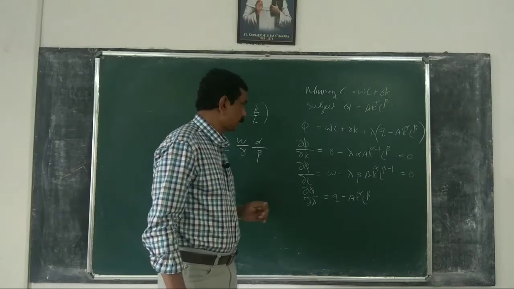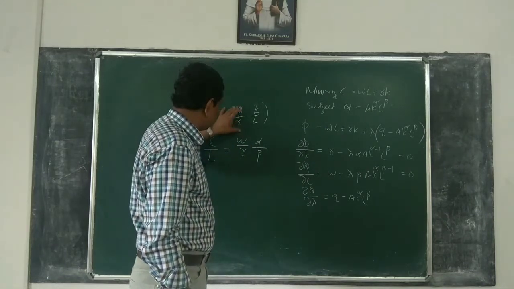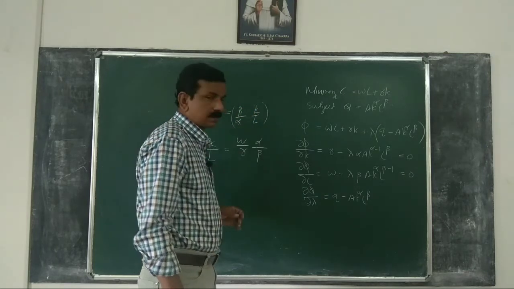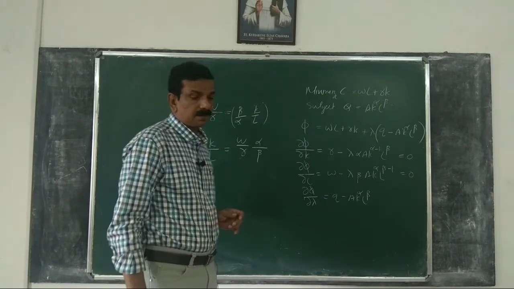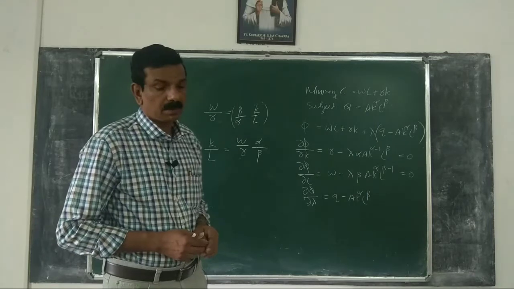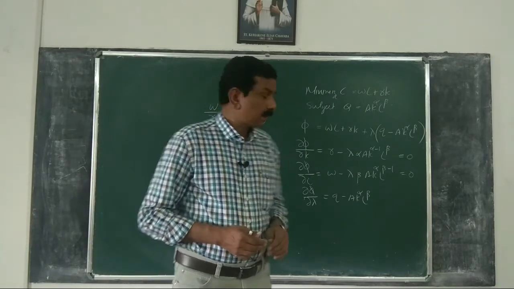And we know that beta by alpha into K by L is the MRTS, marginal rate of technical substitution.